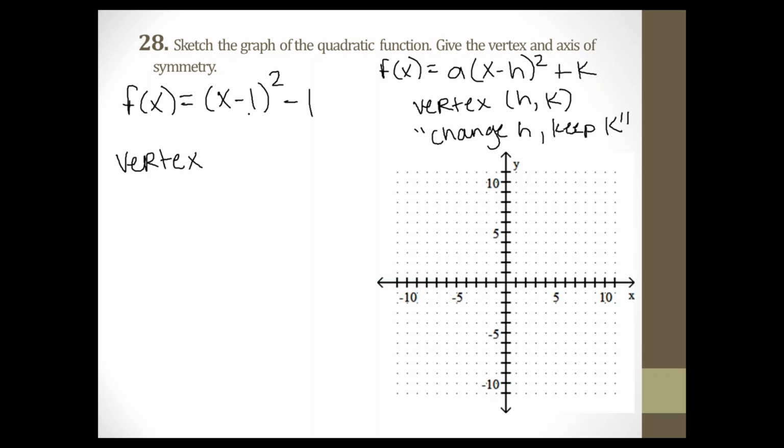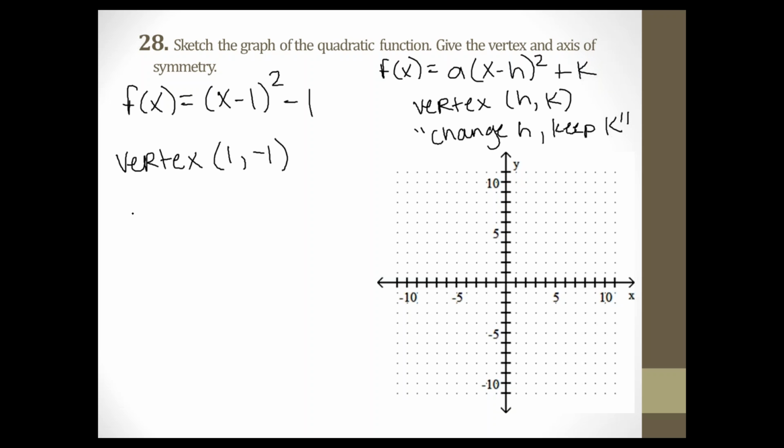So for this problem, you can see your h here would be 1. So you change the sign, you see minus 1, but we want to take positive 1. And keep the sign of k, so it'll be 1 comma negative 1. Change the h, keep the k. So that's your vertex.